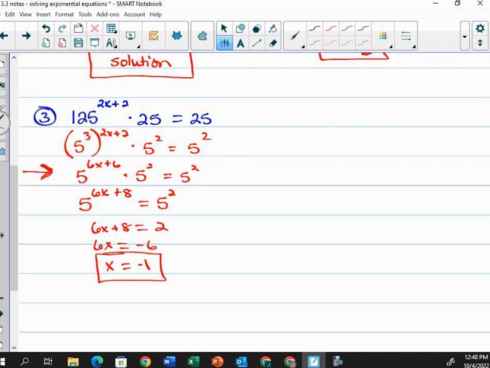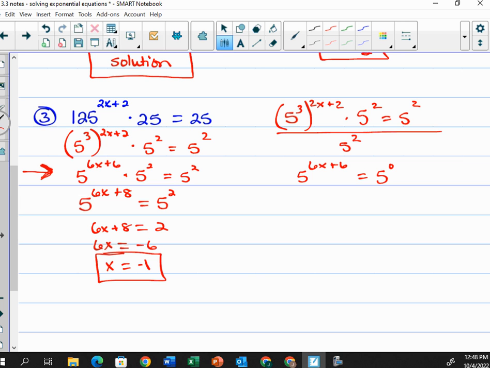Okay, the other way you could do this, guys, start the same way. You really wouldn't even have to do this initially. You could divide both sides by the 5 squared or just divide by 25. So you now have 5 to the 6x plus 6 equals what on the other side? 5 to the 0, right?